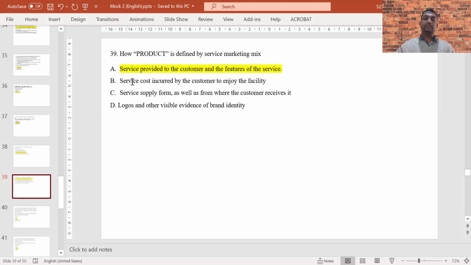And the other answers: service cost incurred by the customer, that's the cost; service supply form, as well as from where the customer receives it, that is also not the answer. Logos and other visible evidence of the brand identity, definitely that's also not related to this. So in a service marketing mix, the product is itself the service and the features of the service. So A is the correct answer for question number 39.